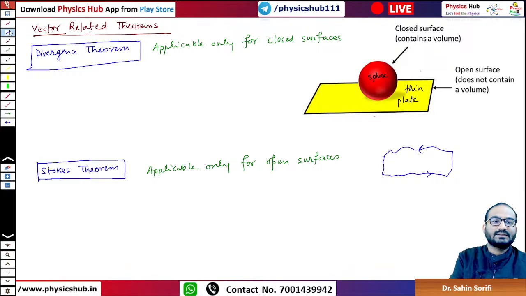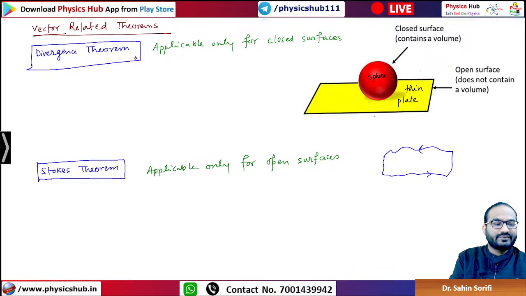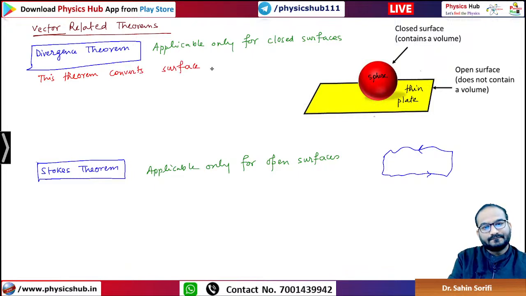Now what is the purpose of introducing divergence theorem? Basically this theorem converts surface integral into volume integral. And the vice versa is also possible, means from volume integral you can come back to surface integral.